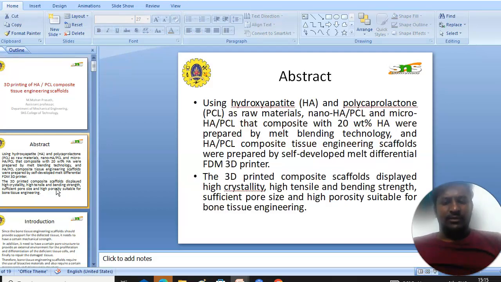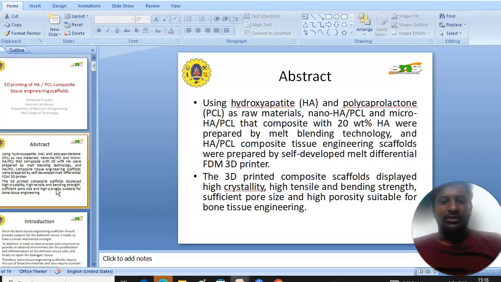The abstract of the study: using hydroxyapatite and polycaprolactone as raw materials, nano and micro composites with a 20 weight fraction of hydroxyapatite were prepared by melt printing technology, and the scaffolds were prepared by a self-developed melt differential FDM 3D printer.